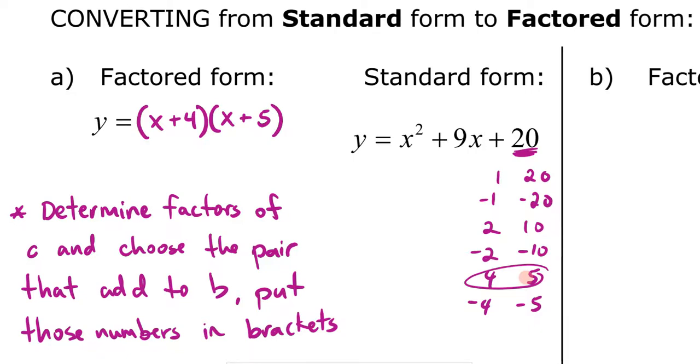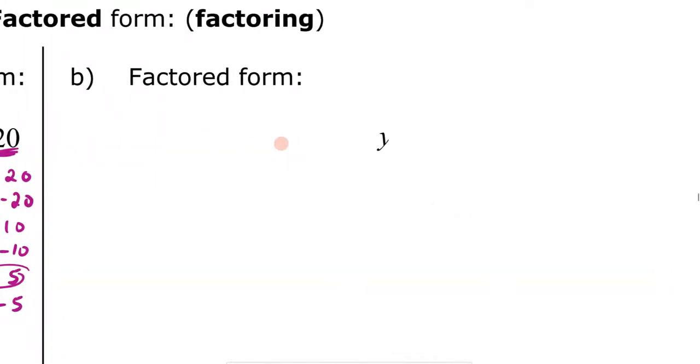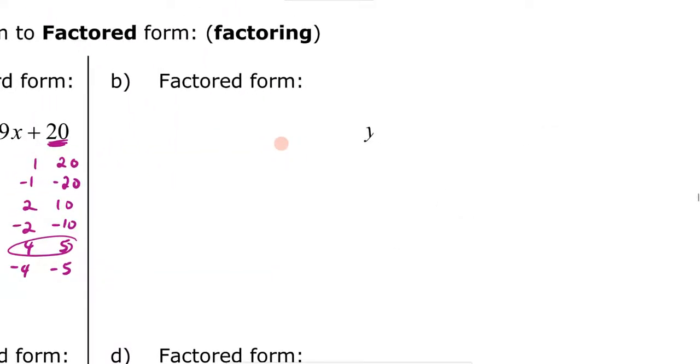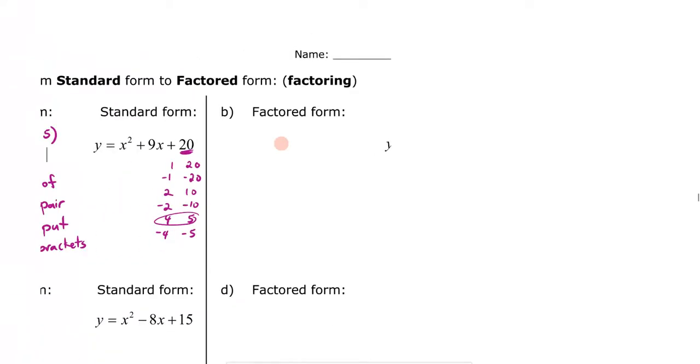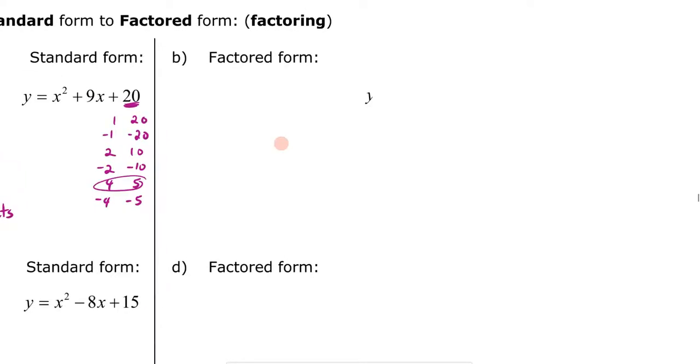So what we just did was determine the factors of C, choose the pair that add to B, and put those numbers in brackets. Let's do that one more time with part B.